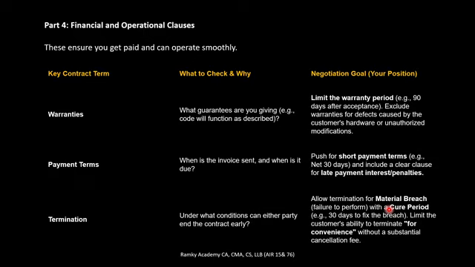So those kinds of terms and conditions need to be defined clearly in the contract. Otherwise, either party can take advantage of the loophole in the contract and misuse those kinds of situations as well.